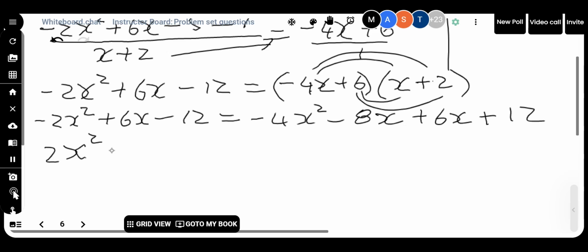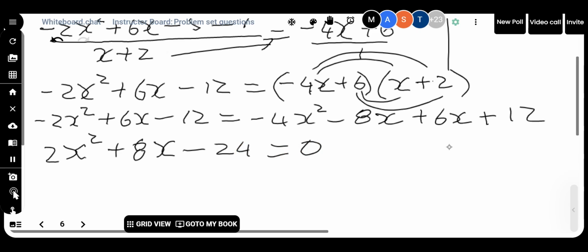I'm going to add that to this side, so that's a plus 8x. I just want to make sure everybody's following here. Minus 8 plus 6 is minus 2, so that's going to be a plus 2 on the other side, so that will be 6 plus 2, which is 8. And then the minus 12 and the plus 12 is going to give me minus 24 equals 0.